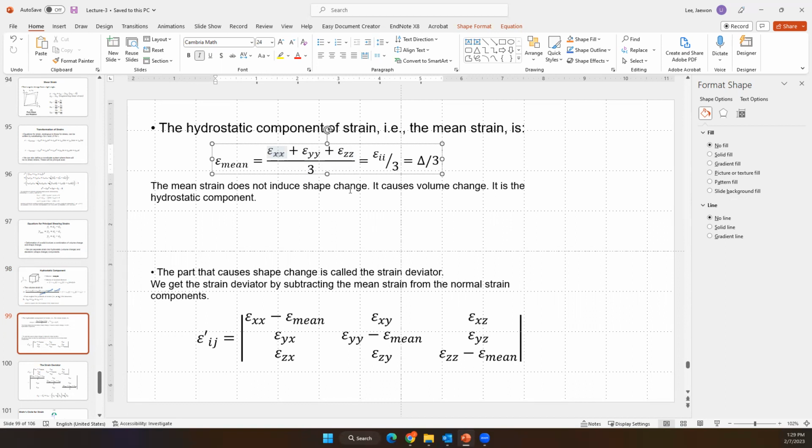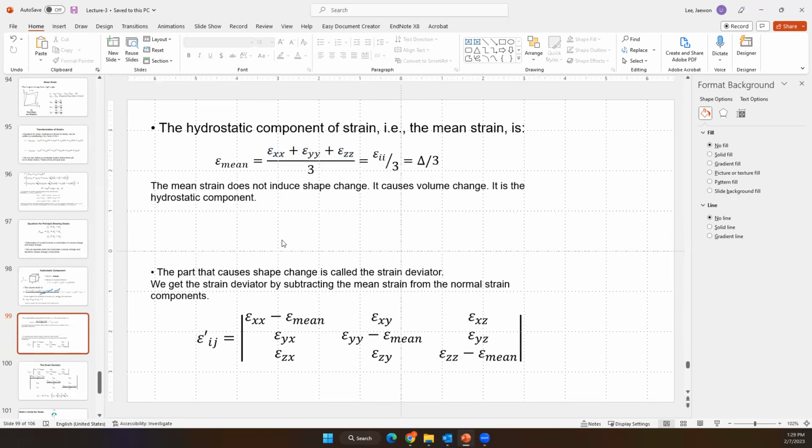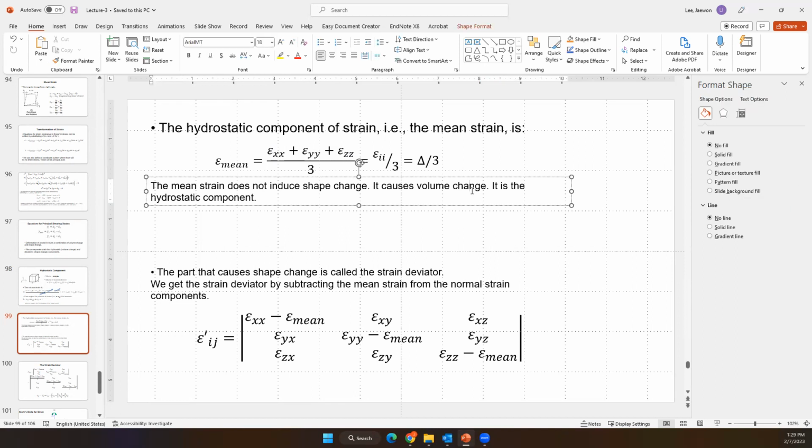X displacement is related to the x direction strain, y direction displacement is related to the y direction strain, and z direction displacement according to the z directional strain. So they cannot make shape changes, but they cause volume changes. So it is called the hydrostatic component. Hydrostatic component.